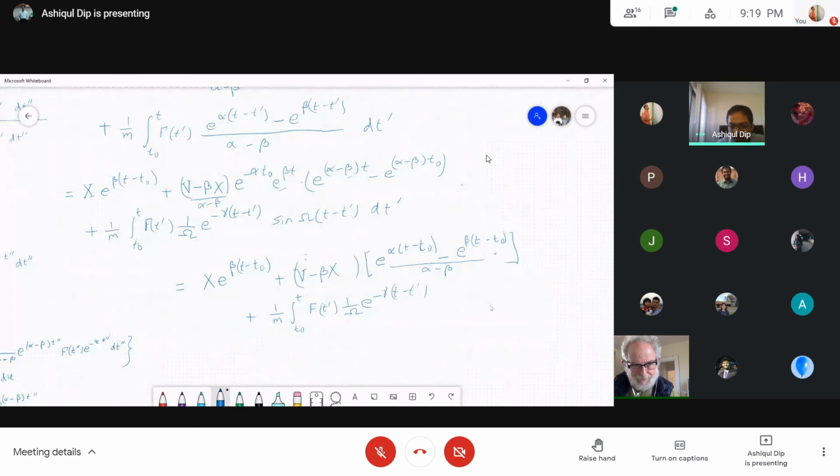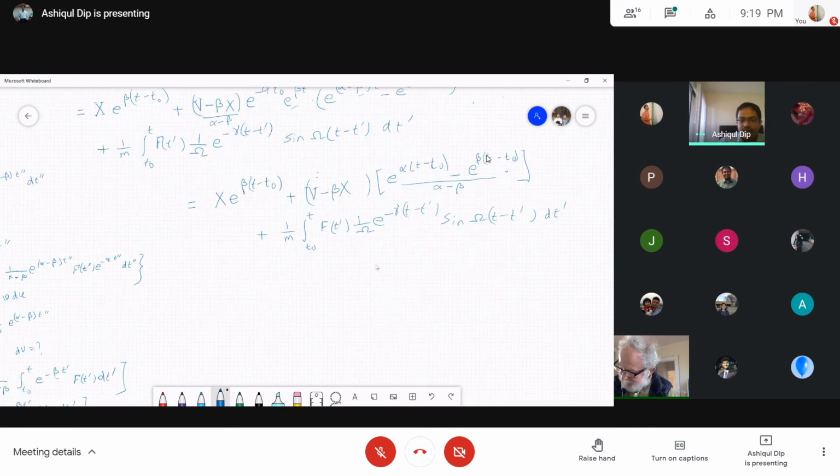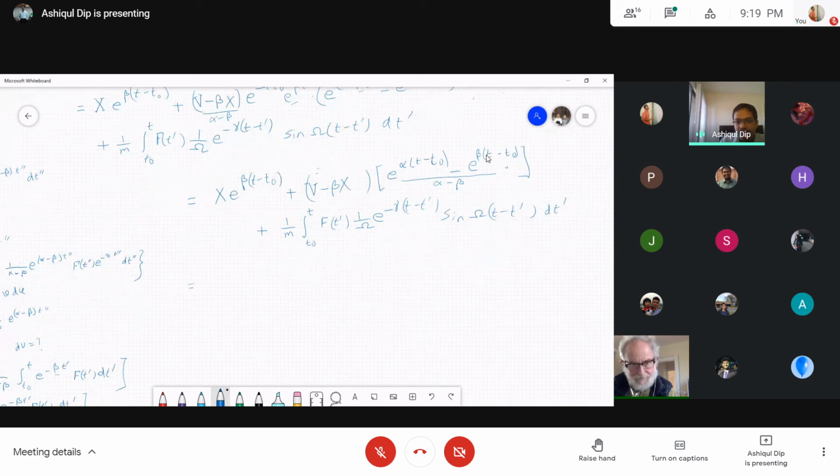Exactly. So f of t prime, 1 over omega, e to the power minus gamma (t minus t prime), sine omega (t minus t prime), dt prime, like that. For the last part, if we can factor out e to the power negative gamma, right?